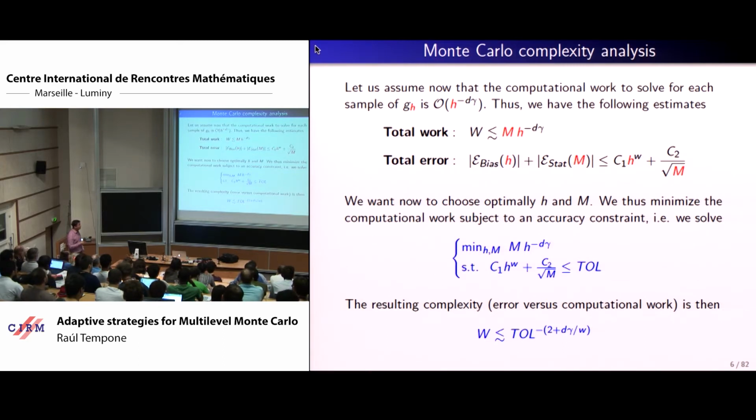So that will be the cost that one will have to pay if each sample costs me order 1. The second part of the cost is coming from the fact that I need to make h sufficiently small so the bias constraint is satisfied, meaning that this term is actually less than tau. Okay? So essentially what you see here is the number of samples times the cost per sample, which is essentially what you were seeing here as well.